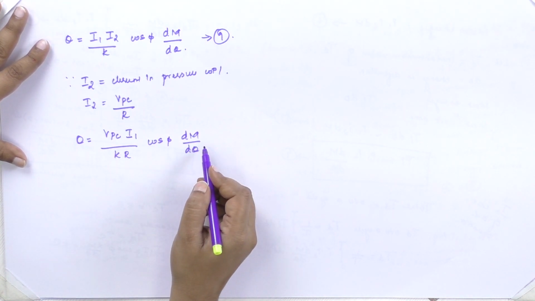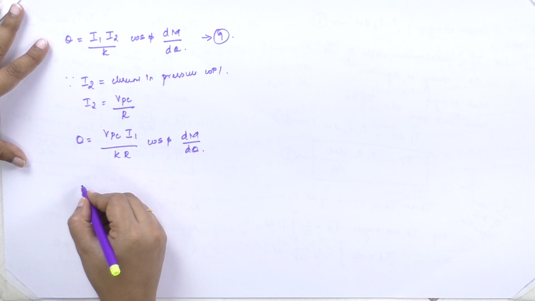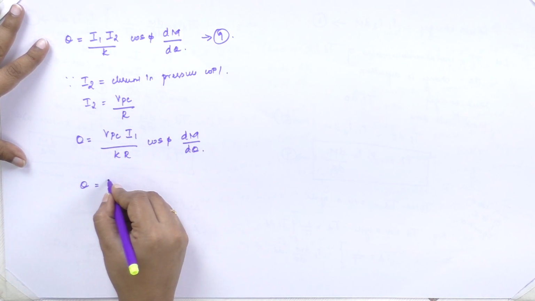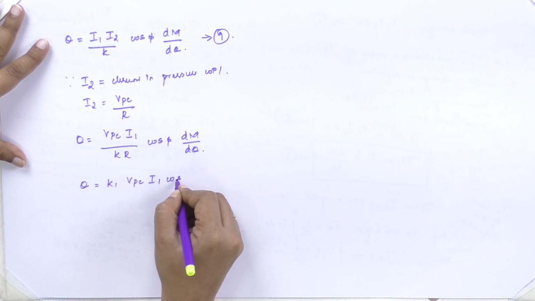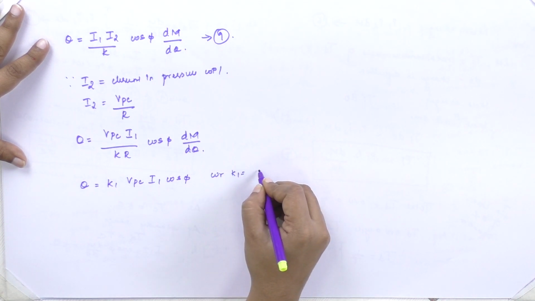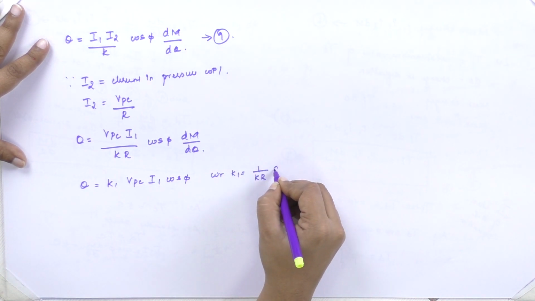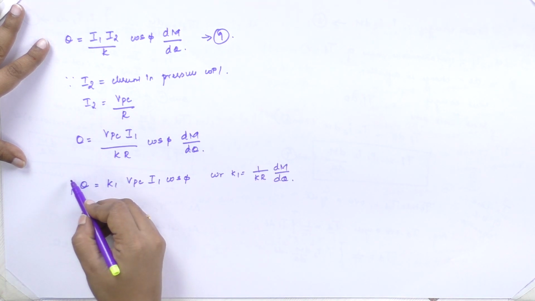Replacing all these constants with a common constant, theta will be equal to k1 VPC I1 cos phi, where k1 is taken as 1 by KR dM by d theta.